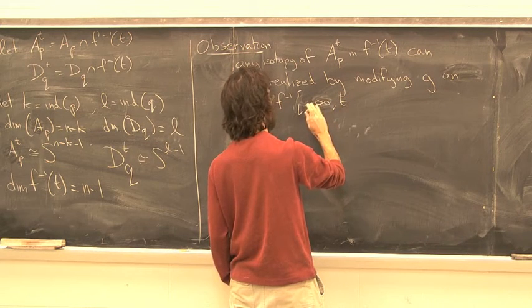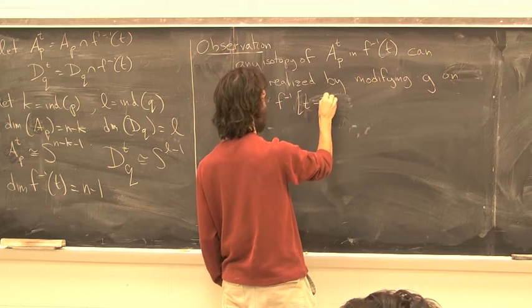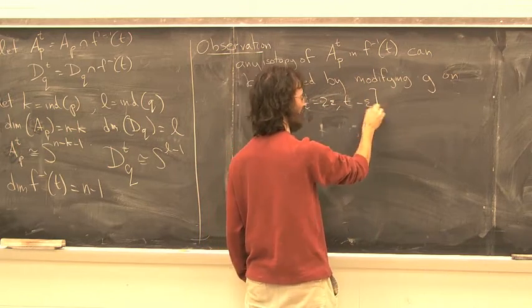Actually, I can be even more precise. So let's say T minus 2 epsilon, T minus epsilon. This may be useful to know.